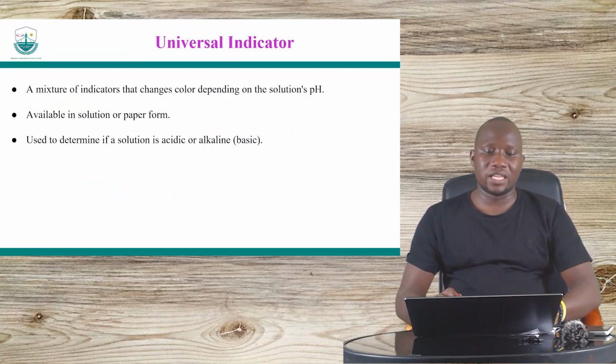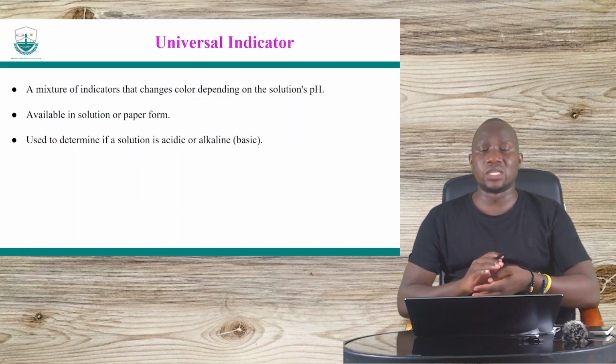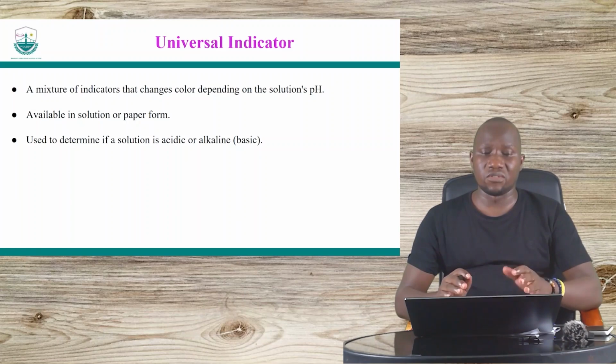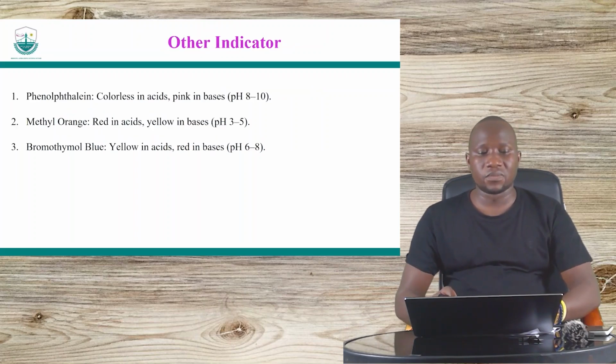So universal indicator is a mix of indicators that changes color depending on the pH of the solution. That means you can basically use it to test the pH of any solution, because it is a mixture of different indicators. It is available in solution form or even in paper form, and because it is a mixture of many indicators, you can use it for either basic or acidic solutions.